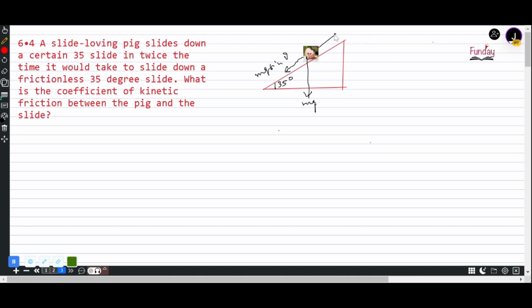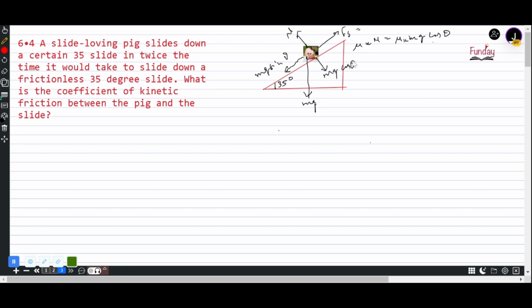Now we will make a free body diagram of the pig. We have the weight mg of the pig pointing downwards. And then mg will have two components, one pointing down along the slide, which is mg sin theta, and mg cos theta, which is countering the reaction force of the slide surface on the pig.